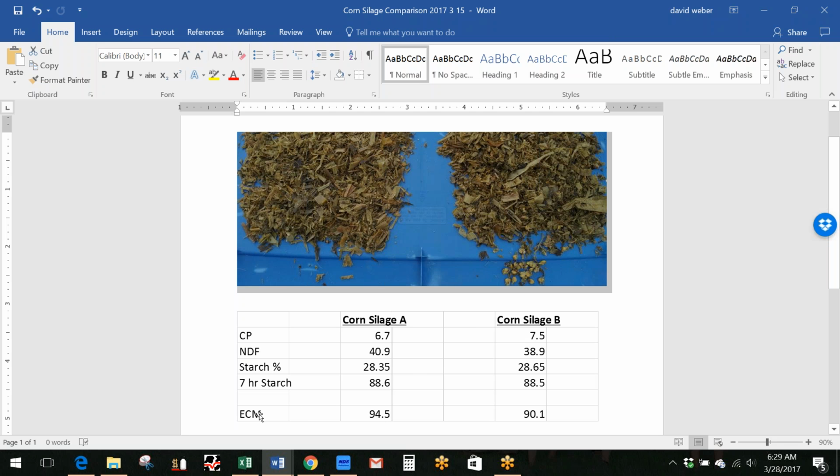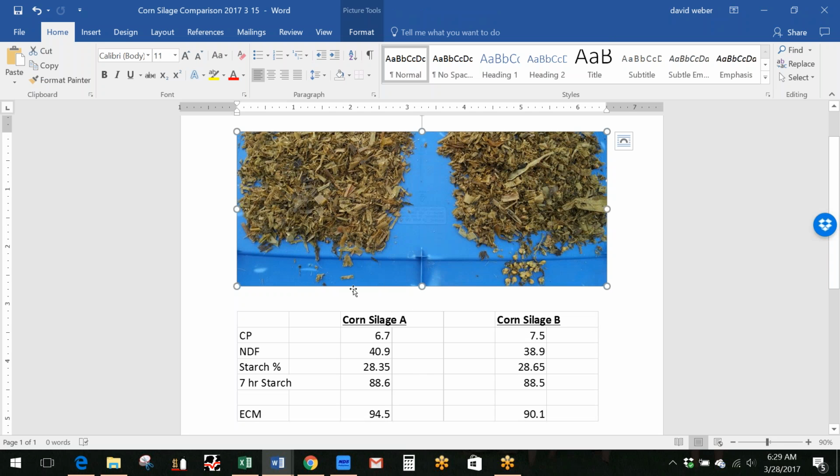The energy corrected milk on those dairies that day, this dairy is a well-doing dairy. We were hitting 94.5 on energy corrected milk. This dairy here probably has a tad bit better management, more intensity into the herd. We spend more money on this recipe at that farm, and we're at 90.1 pounds of energy corrected milk.